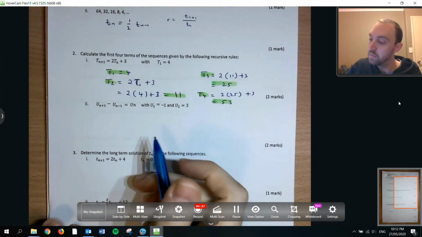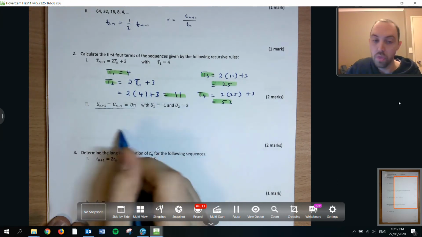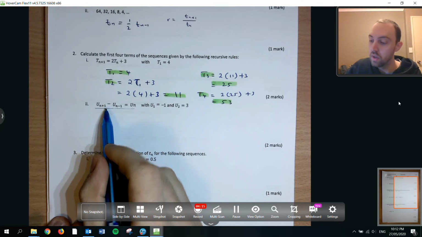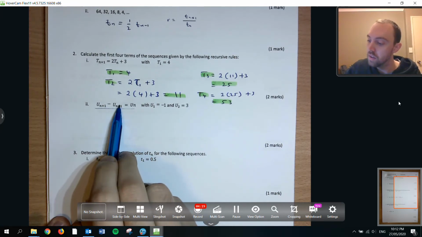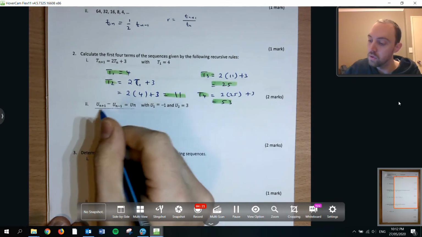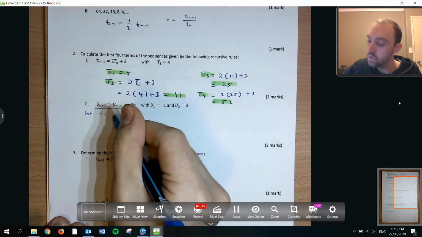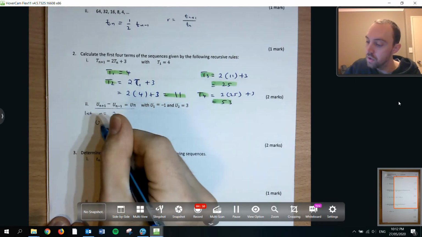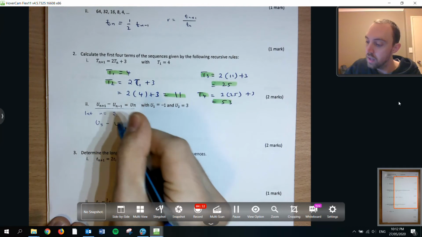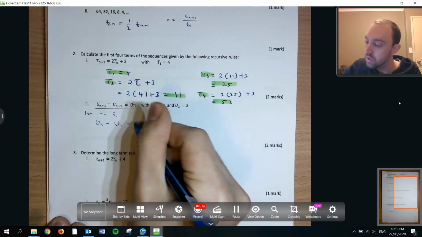This one's a little bit trickier because we've got 3 terms, and you've got to pay attention to the subscript difference. You might want to do a couple of examples, substituting values for n. So if I said let n equal 2, for example, then I would have u3 take u1 equal to u2.